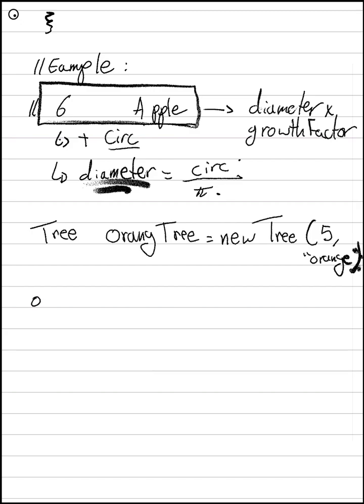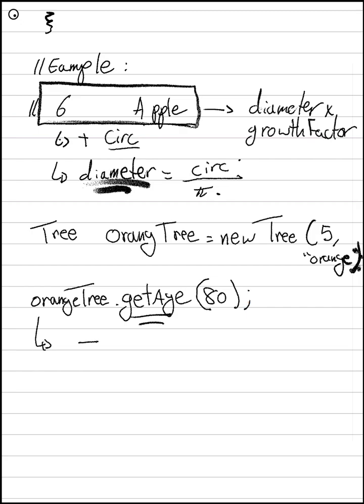Then I want to say orange tree dot get age. So I'm calling this method get age on it. And at this point in time, its circumference is 80 centimeters. Okay? I expect this to give me age in years. Now I get it. It makes sense.